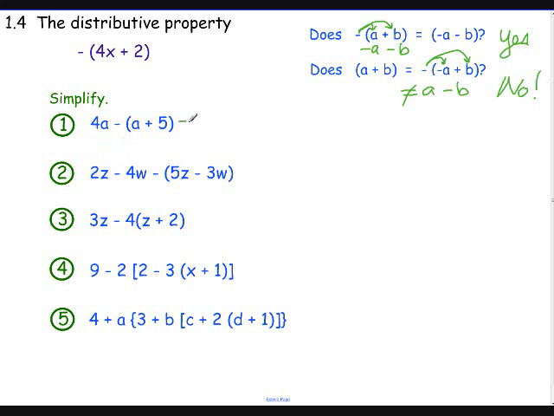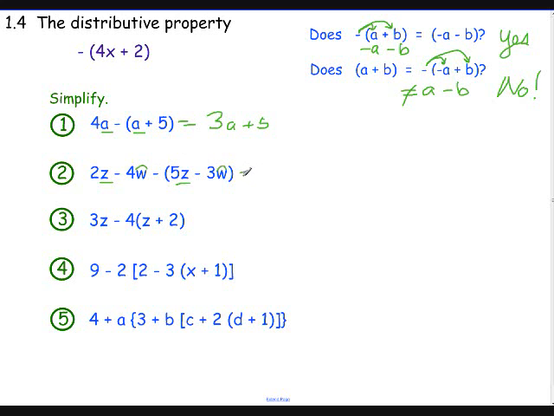Simplify this expression. That'll be 3A, right? Plus 5. These were like terms. See, I've got a like term here, here.